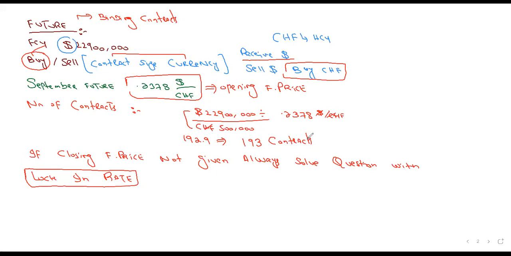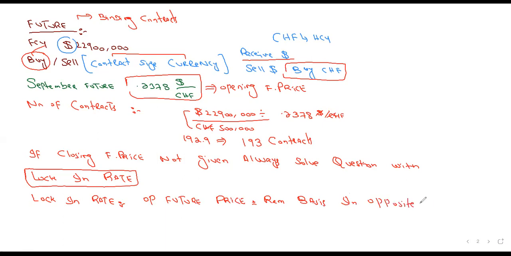Now, what is the formula for the lock-in rate? Lock-in rate formula is opening future price plus minus remaining basis in opposite direction.